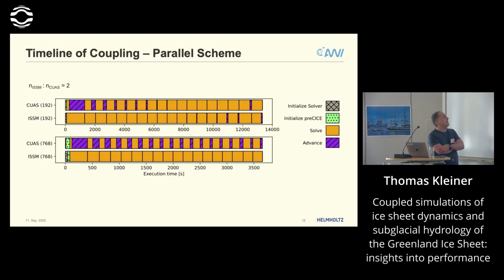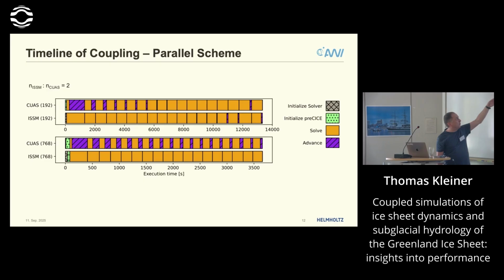This is an illustration of the individual coupling windows. In the upper row, you can see in parentheses the total number of MPI processes, still with the 2-to-1 ratio between ISSM and CUAS.